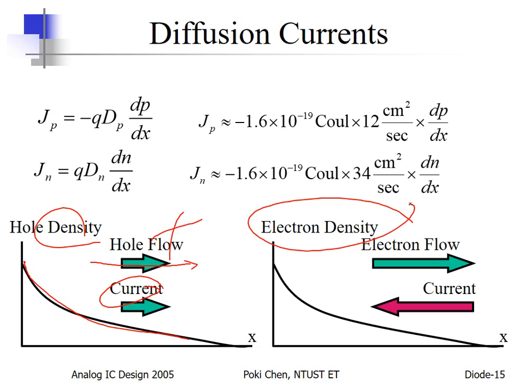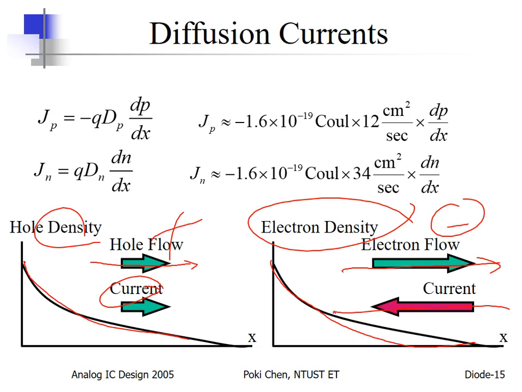How about electrons? The same profile. The electrons will diffuse to the right, but the electrons are negative, so the equivalent current flow is actually to the left instead of to the right.